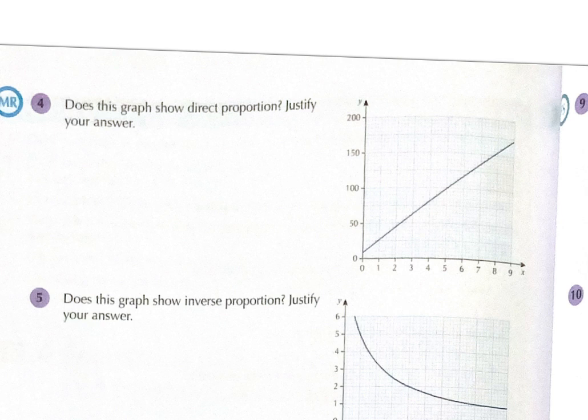Because I told you that direct proportion is represented by a straight line passing through the origin. Is this passing through the origin? No. So this is not direct, because the line doesn't pass through the origin.